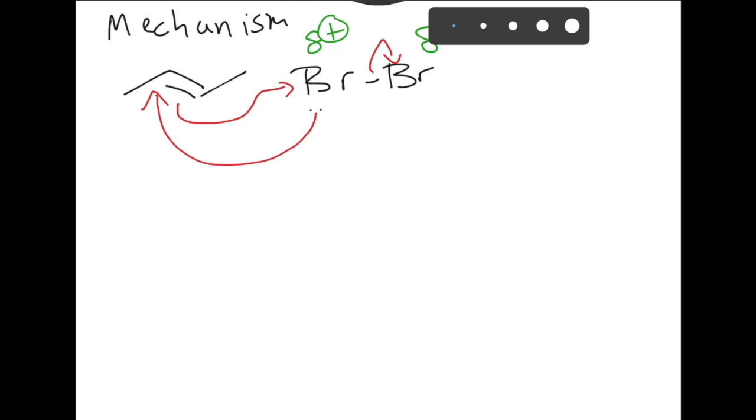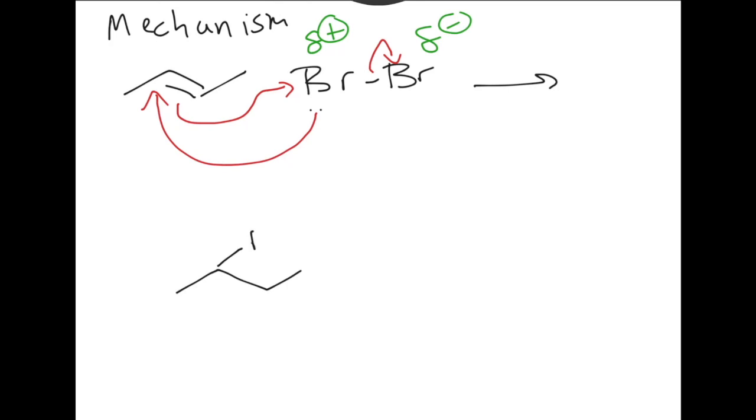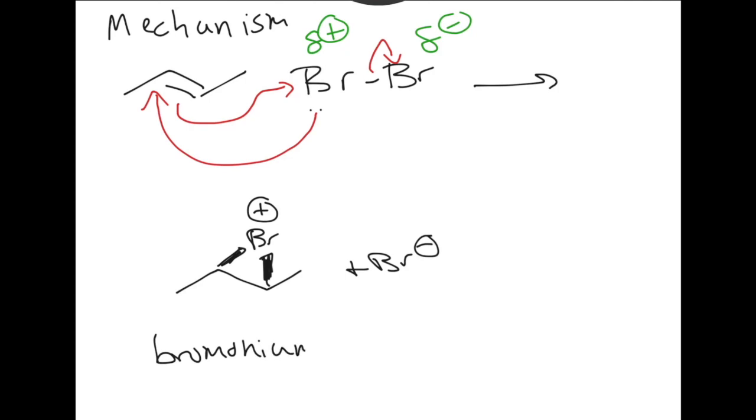So instead of the carbon ever being positive, full on positive, you end up with a positively charged bromine. Now I'm going to put this out towards us, plus I make Br minus. This is a bromonium ion.